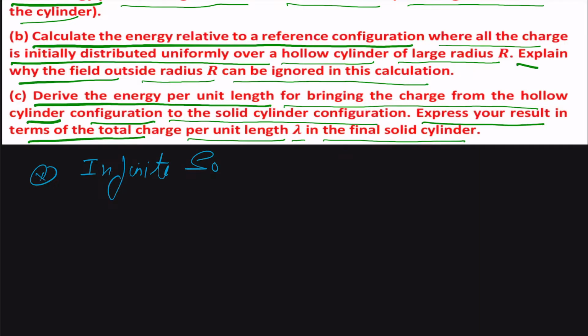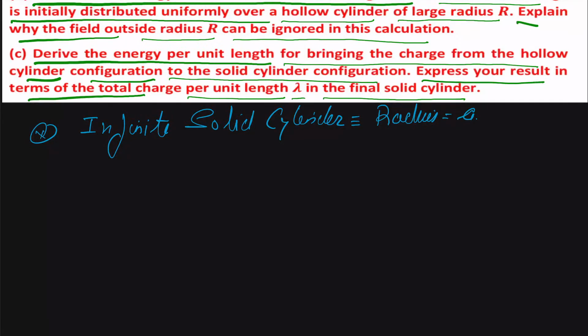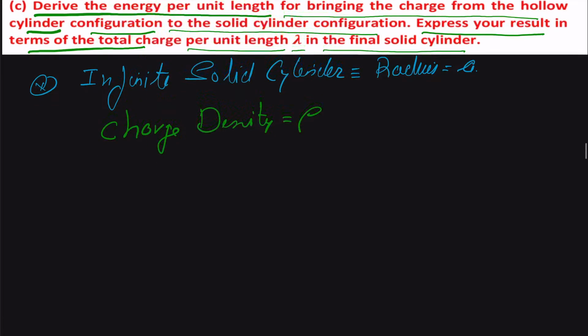Infinite solid cylinder whose radius is given as small a, and charge density is given as rho. Therefore we can write our total charge per unit length.